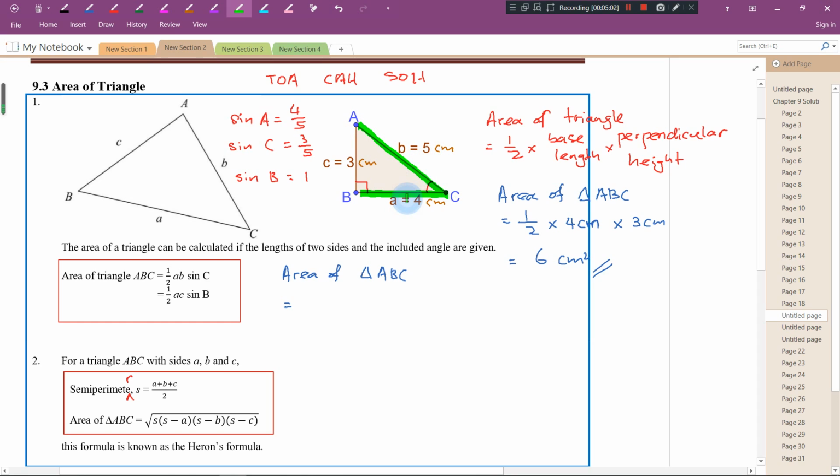If we use these two sides, then I need to use angle C: 1/2 times 4 centimeters times 5 centimeters times sine C. Sine C is equal to 3/5. You can try pressing your calculator. Simplify it: this is divided by 2, here divided by 2, 2 times 3, you will get 6 square centimeters. Exactly the same answer.